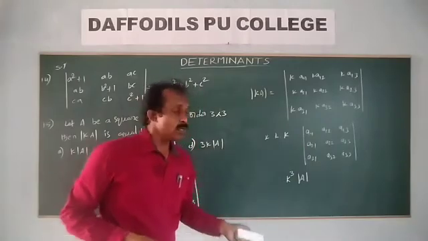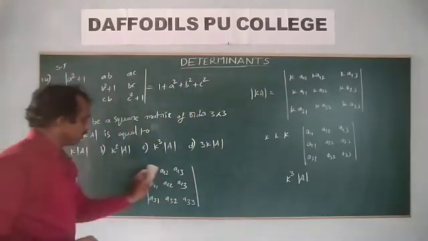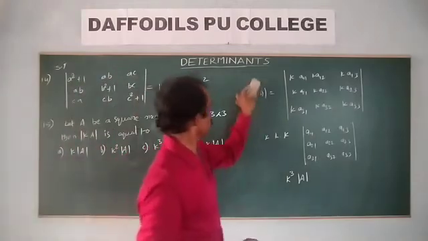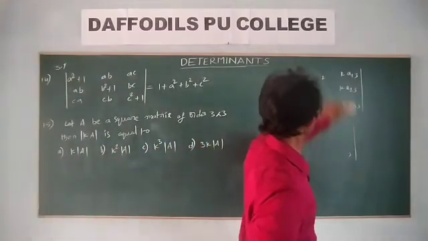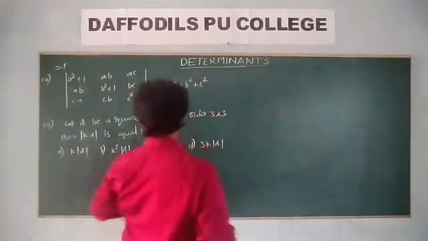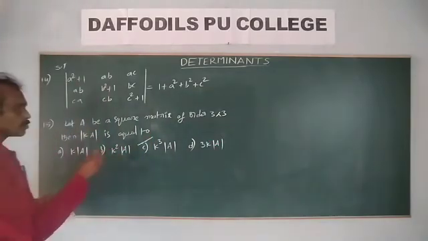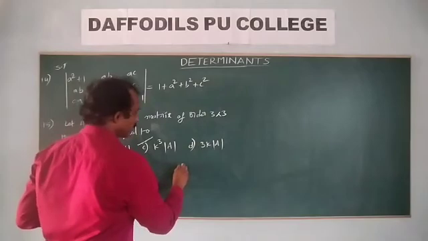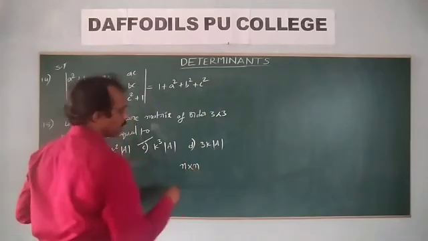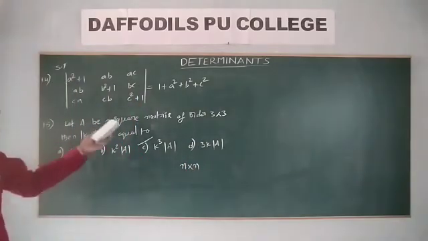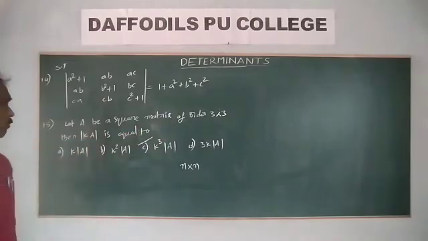So k times, that's why this is an important formula. The resultant answer is k cube into det A. Suppose the order is n by n. Let A be a square matrix of order n by n.